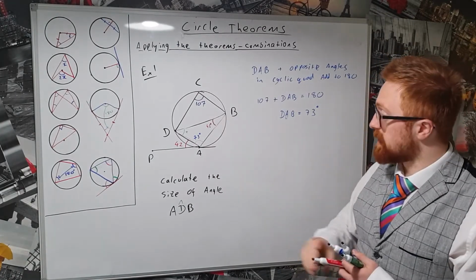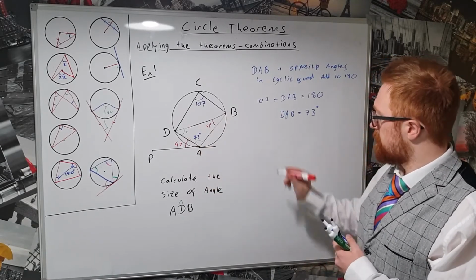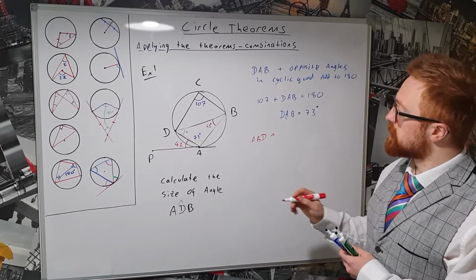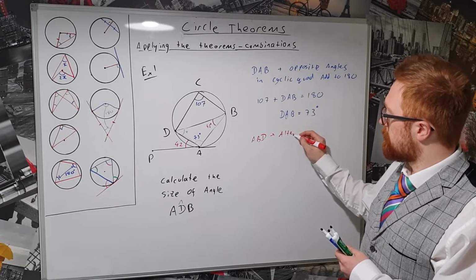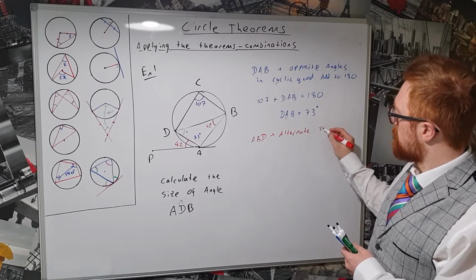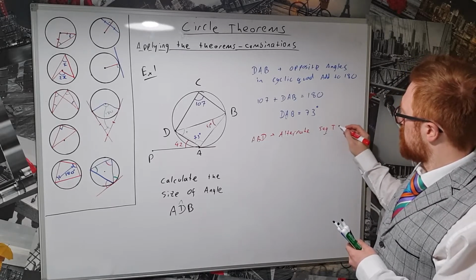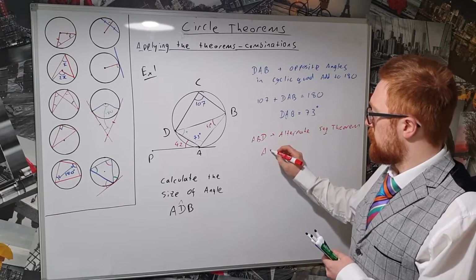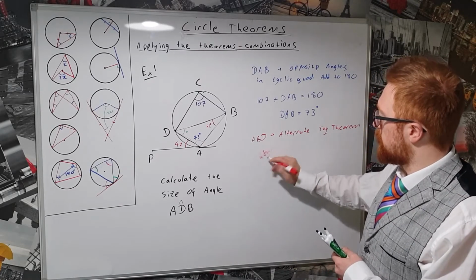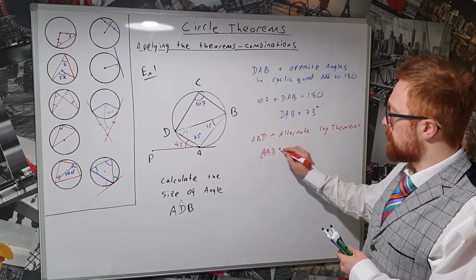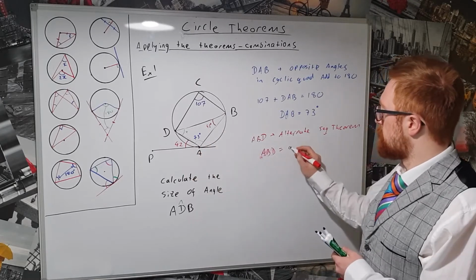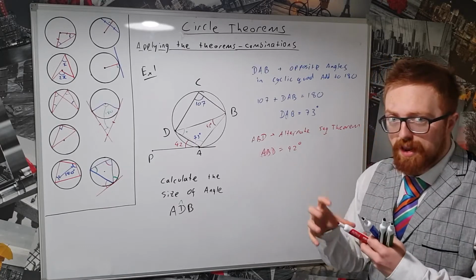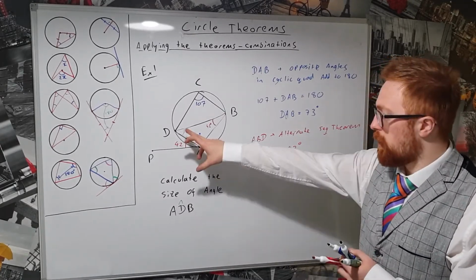So let's make sure we get that written down. ABD, using the alternate segment theorem, I know that ABD is equal to 42 degrees. Okay, so now we're honing in on the value we want.